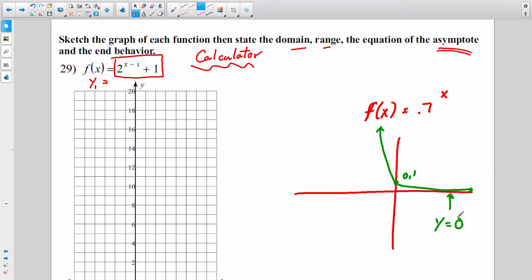Now, things that affect these points, these asymptotes, and these y-intercepts are the shenanigans located right over here. It's when we start shifting and moving a regular exponential graph. So on this particular question, we're taking a parent function. Let me clear this all out, sorry.